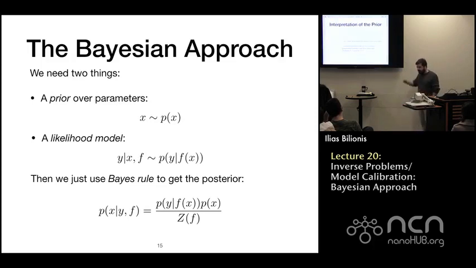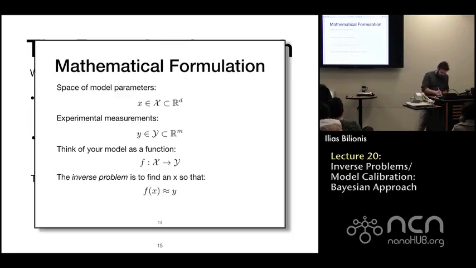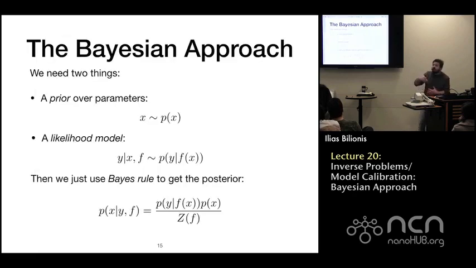Alright, so, yes? What was the F? F is the model. F is your model. Right? So remember, F is this guy. So everything depends on your model. And the reason I have F here is because I want to allow you in the future to say, if I have an F1 and an F2, which one is the best.